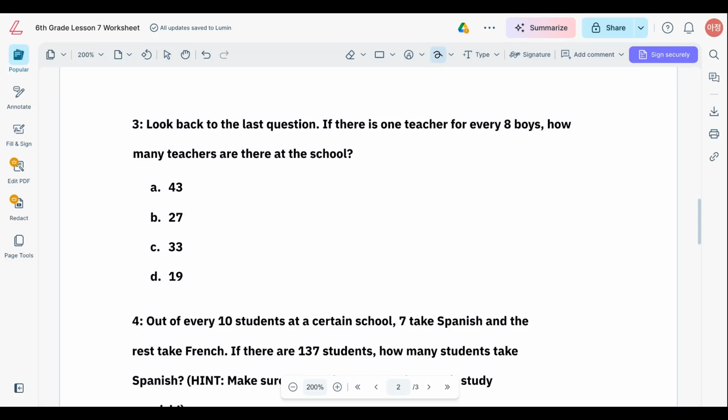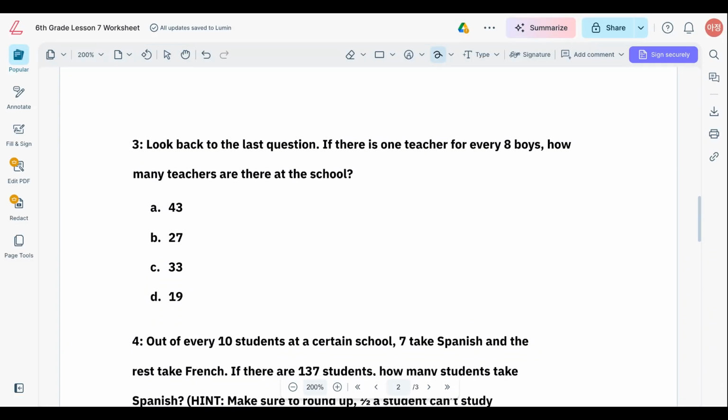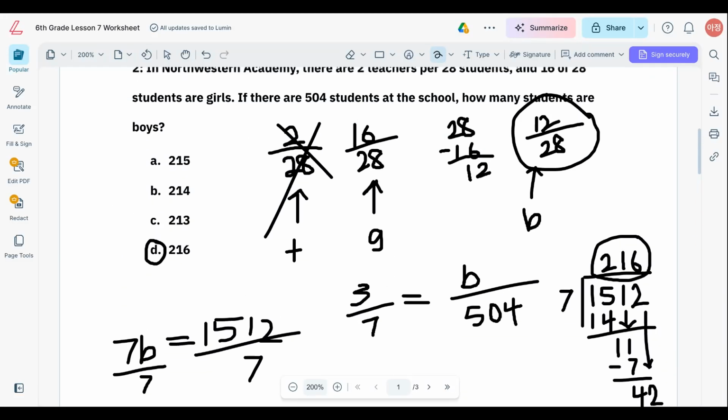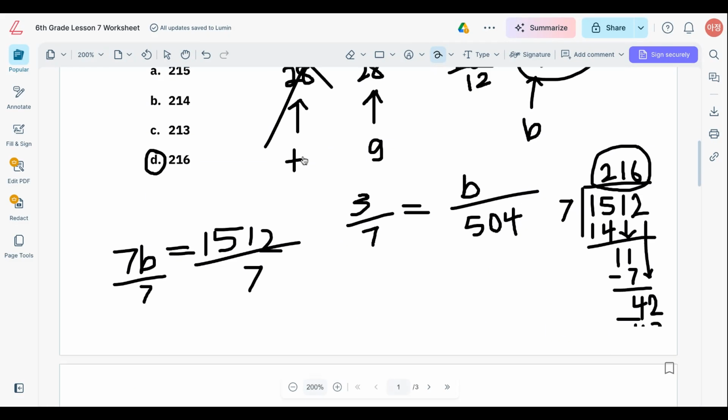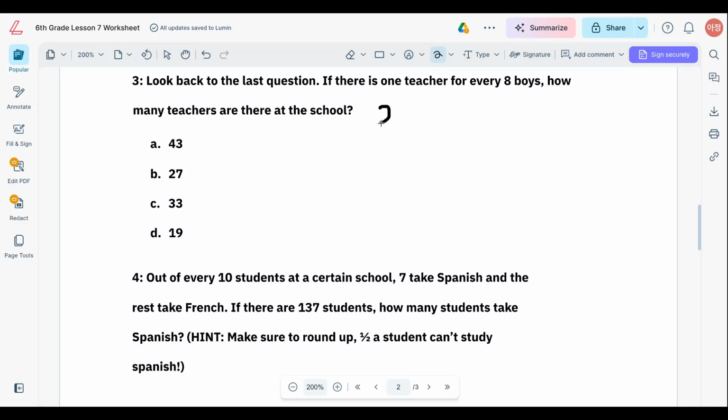Now let's go to number 3. Look back to the last question. If there is 1 teacher for every 8 boys, how many teachers are there at the school? So remember this ratio, there are 2 teachers per 28 students. That was the ratio for the teachers. So 2 to 28.